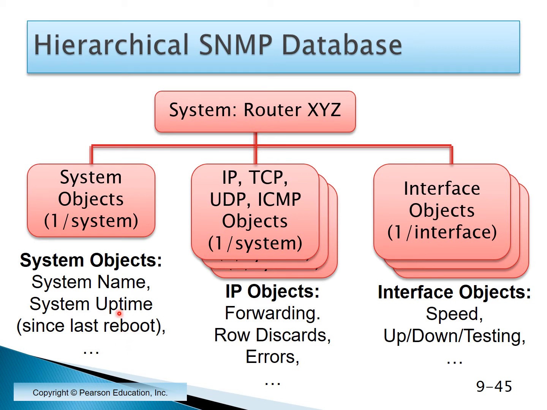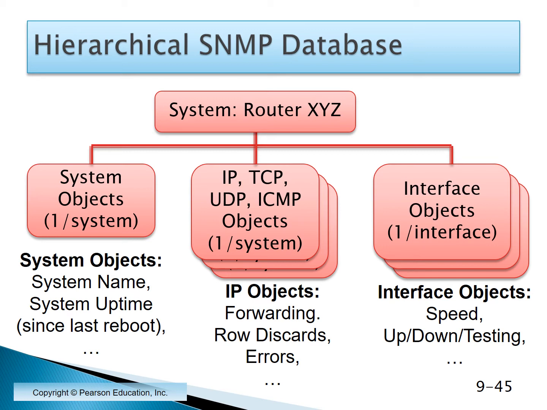You have different kinds of properties of this system, right? In other terms it's like properties, but in SNMP we call these objects, right? And then you also have IP objects, and also TCP objects, UDP objects, and so on. That means you have one object for each protocol for each system.